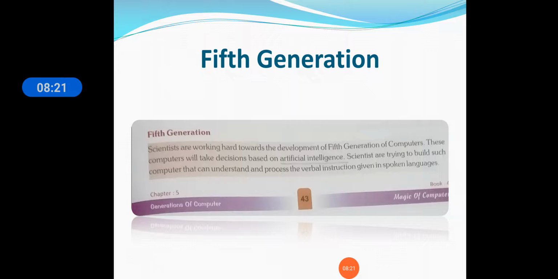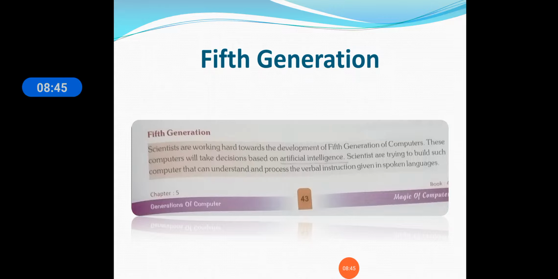Okay, now still some are there which you give the command and it works like that. Okay, so in Google also there is a feature, when you say something it will activate and it will use the command. Okay, so like this the fifth generation computer is being made by the scientists.